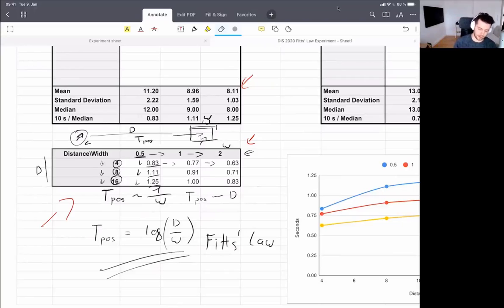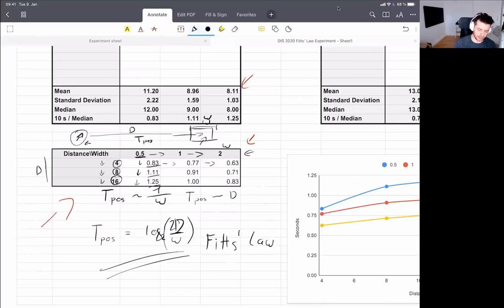And then he found out that it's not just the distance divided by the width, but, sorry, distance, go back here, it's 2 times the distance divided by width. And he found out that this fits best if we have the logarithm of it with a base of 2. So that's the actual original Fitts' law formula, where we have the logarithm base 2 of 2 times the distance divided by the width.